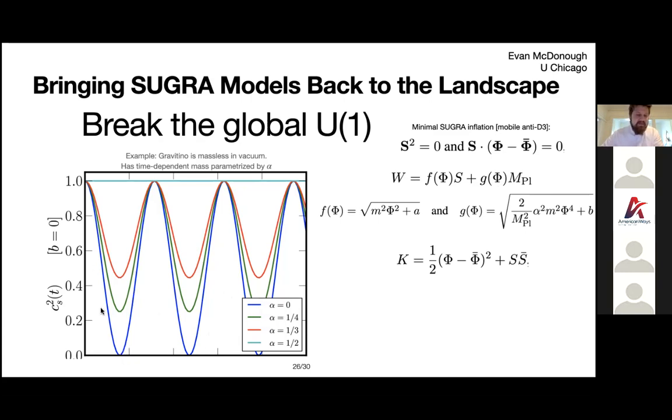When alpha is equal to 0, this is the sound speed, it touches 0 every oscillation. And as I turn on alpha and lift the zeros and make alpha order 1, then the oscillations themselves aren't even visible anymore. So if I break this global U(1) symmetry, which generates the time dependence of the gravitino mass, I lift these zeros.